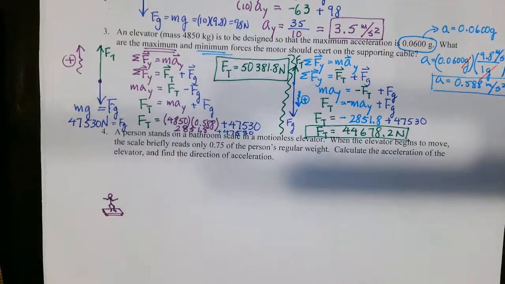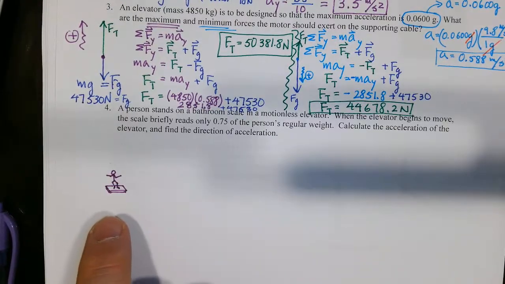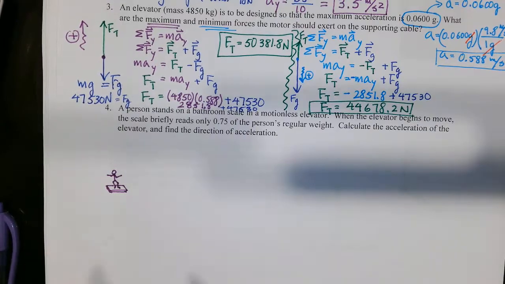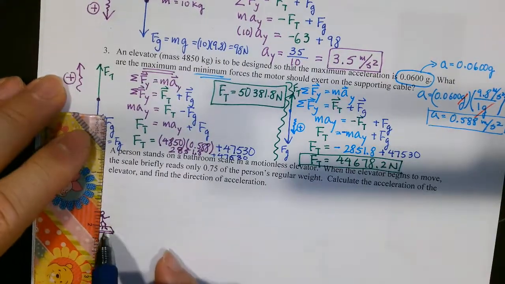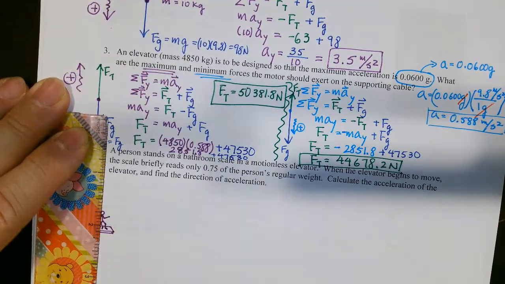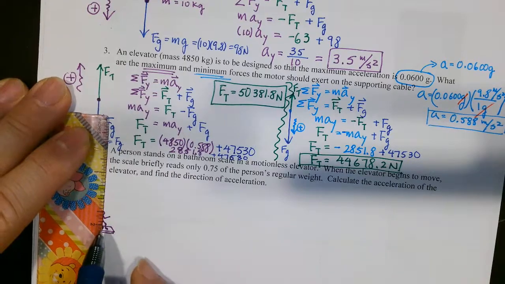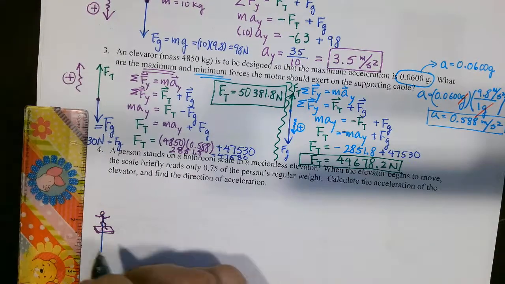That's a rather large scale. Okay? Let's draw the force diagram acting on this person. So we're not going to worry about the tension and the mass of the elevator. We're just worried about this person on the bathroom scale in the elevator.